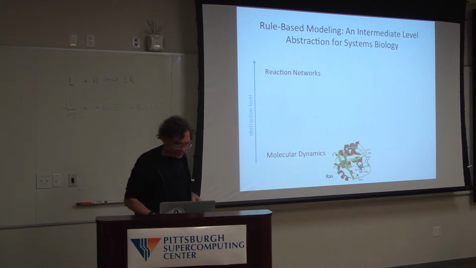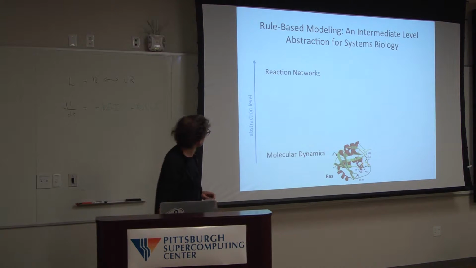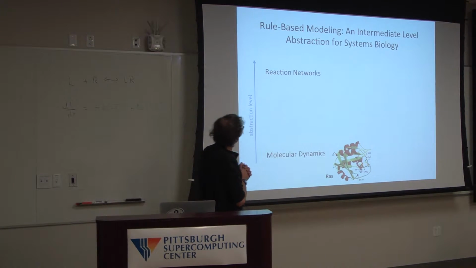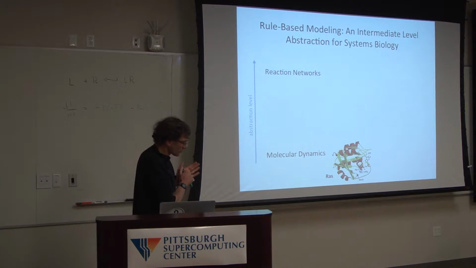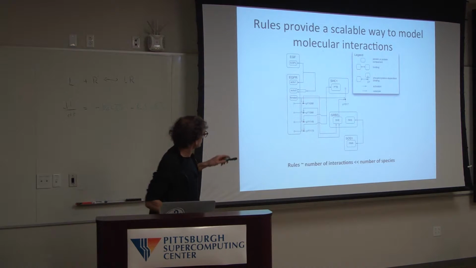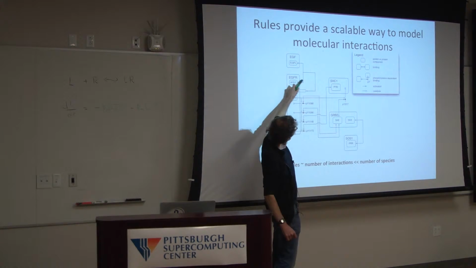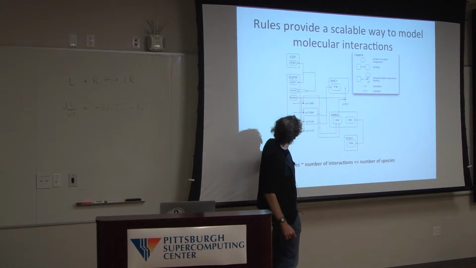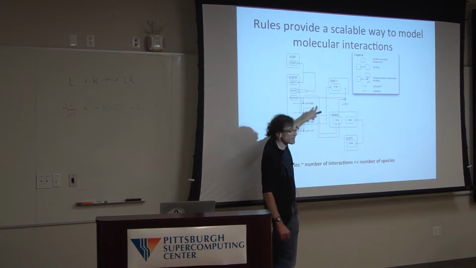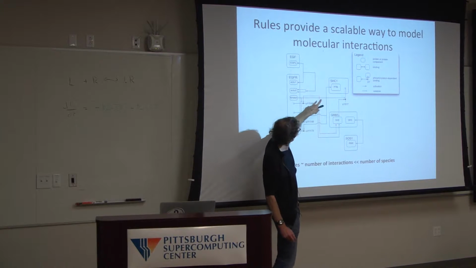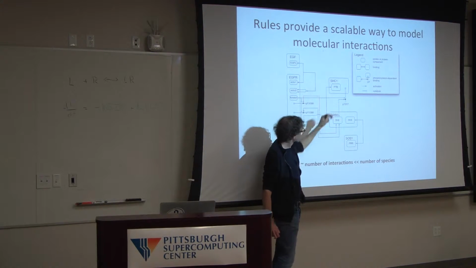Okay, so one last piece of motivation here, which is going back to this multiscale concept. So I'm arguing here that rules are a nice way to concisely represent what's going on. And by rules, I just mean the edges on this diagram that connect the different sites of different proteins.